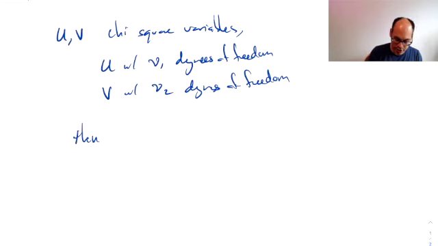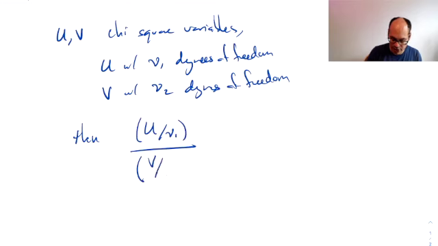Then the ratio, if I take u and divide by its degrees of freedom, divided by v divided by its degrees of freedom, is a random variable with an f-distribution.